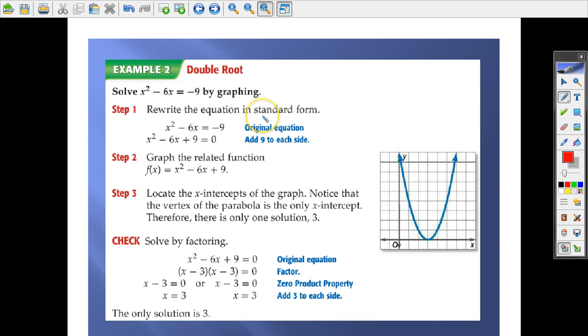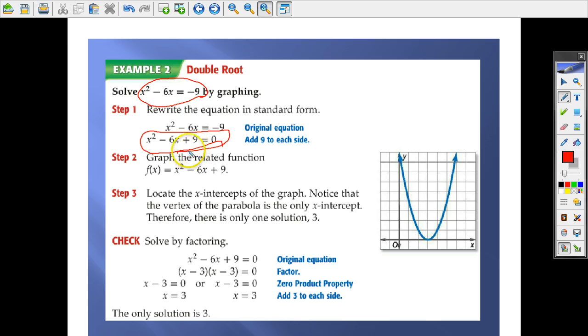Alright, double root. Here's what we were talking about earlier. When you have an equation, first of all, it's not equal to 0, so you need to make it equal 0 by adding 9 to each side. When you do that, here's your equation that equals 0.